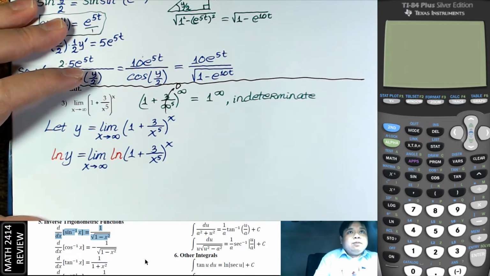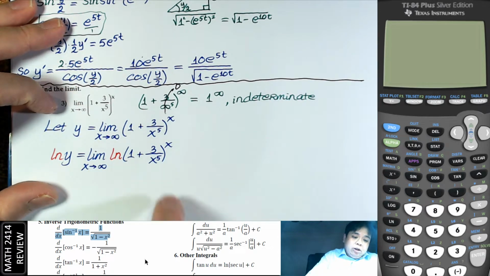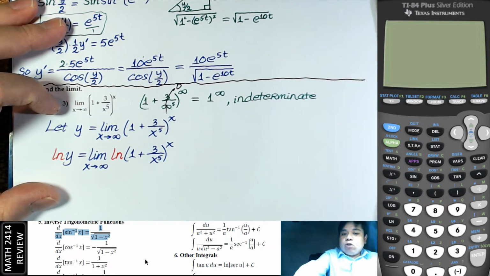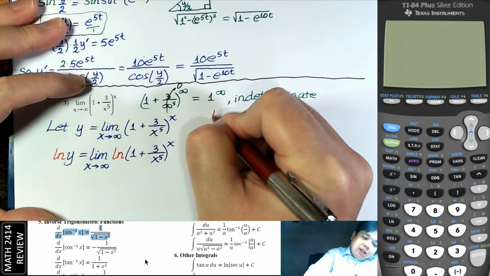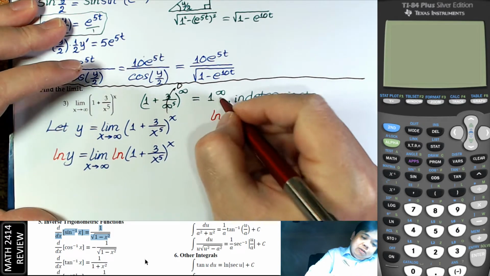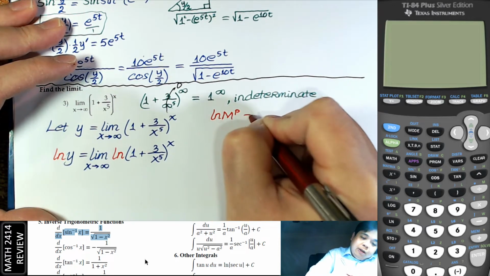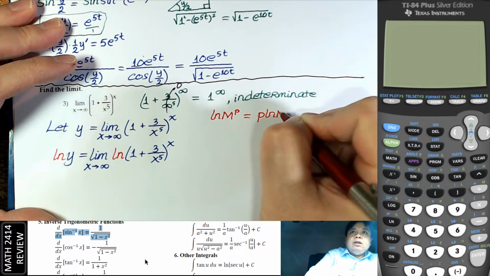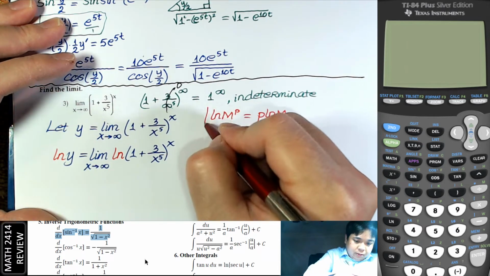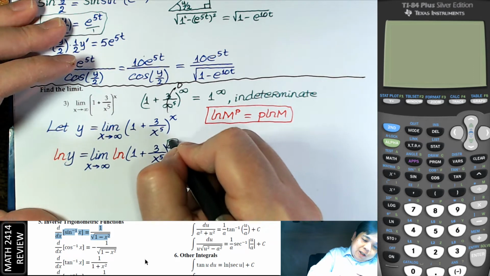The reason we take the natural log on both sides is because we can use the properties of the natural log to say it. We can take the power outside as a coefficient. So that means we'll take this outside.